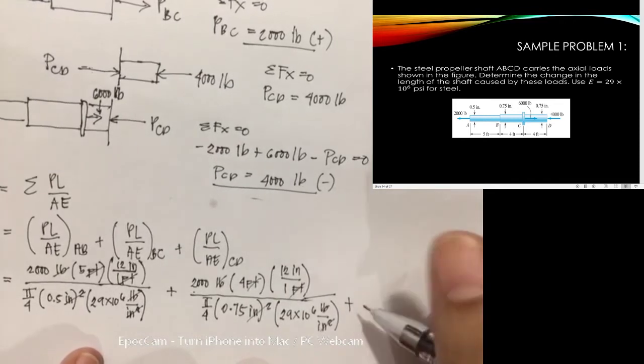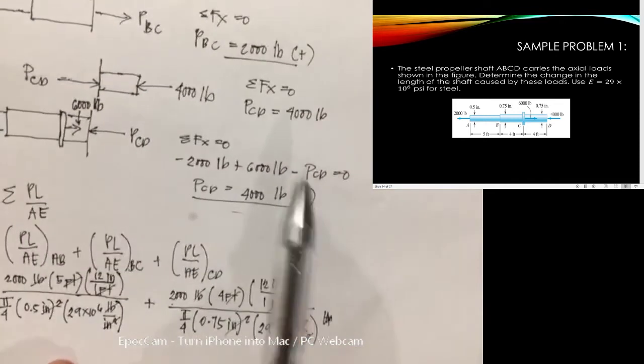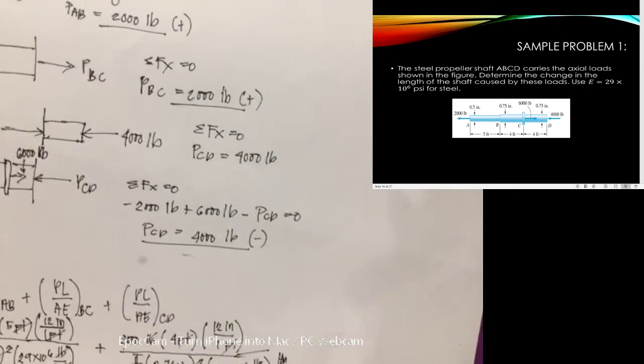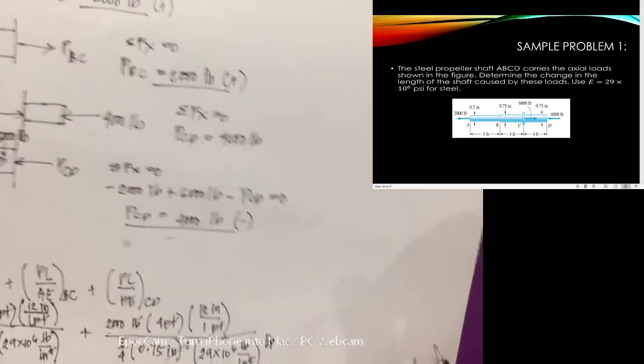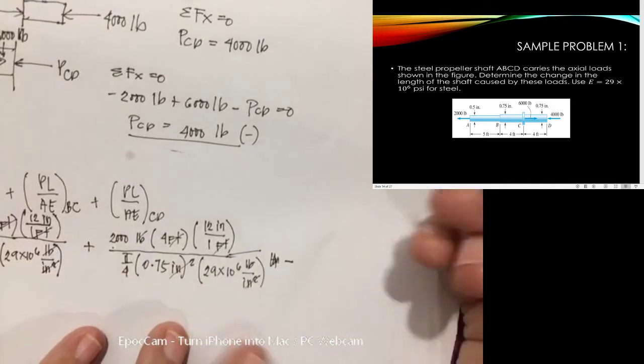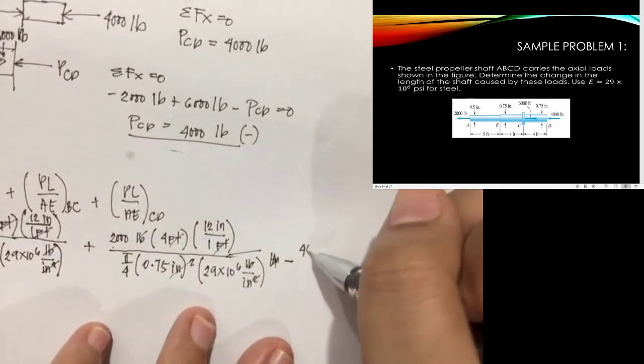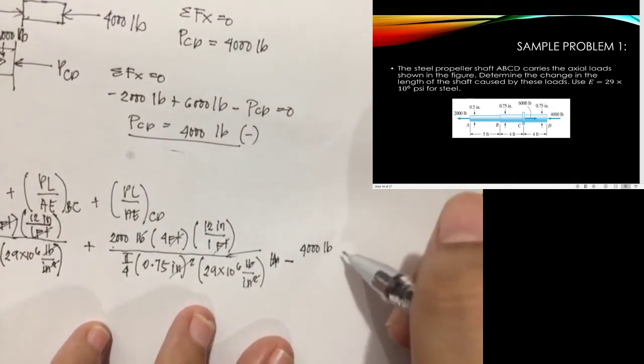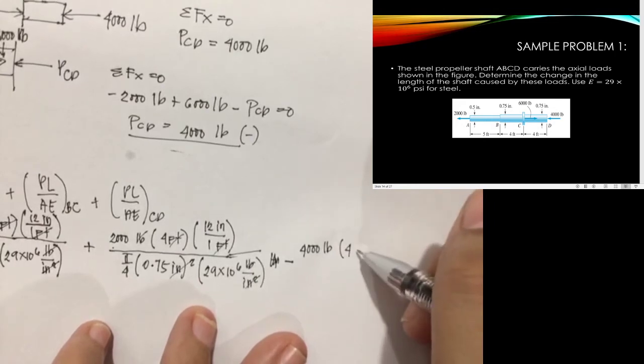Then the last one, this one is in compression. Your applied load in CD is 4,000 pounds and is under compression. So, that is negative. Negative 4,000 pounds multiplied by 4 feet.